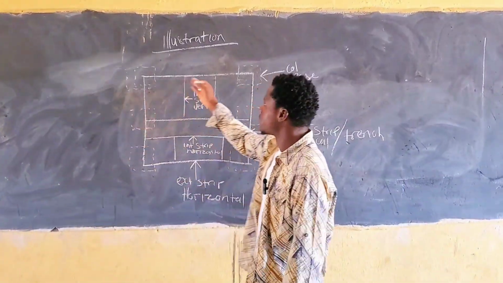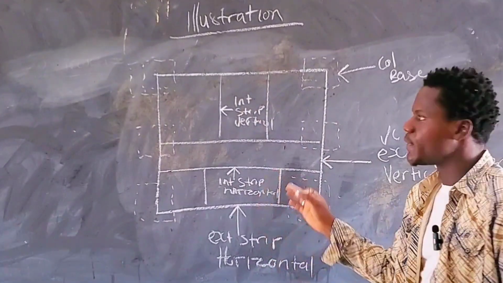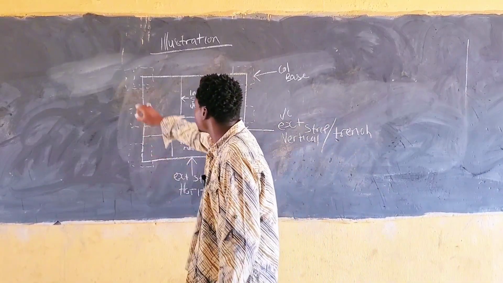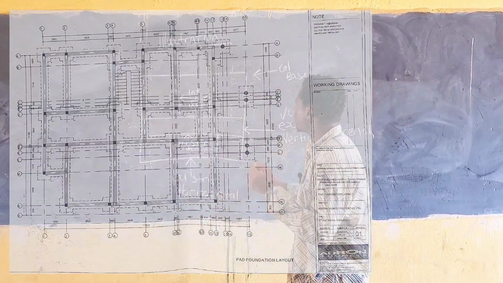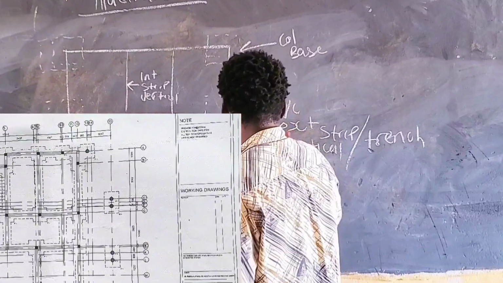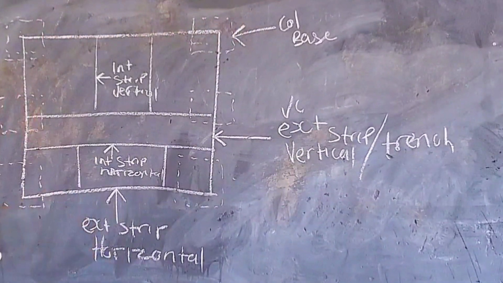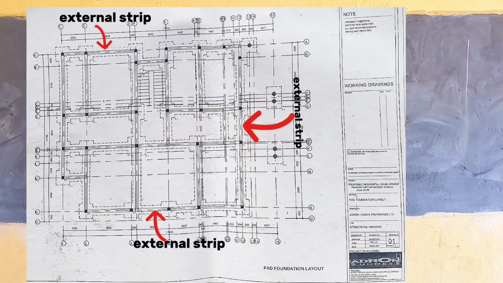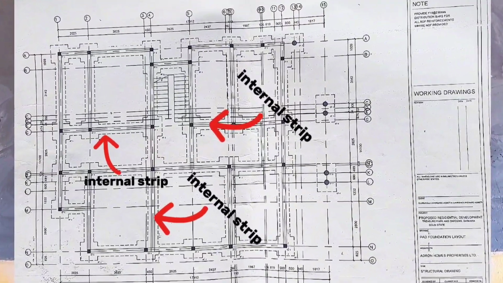So this right here is an illustration of what I just explained. Assuming this box is a building plan, these are the external strips. The enclosing strips are the external strips, while the strips within the enclosing strips are the internal strips.